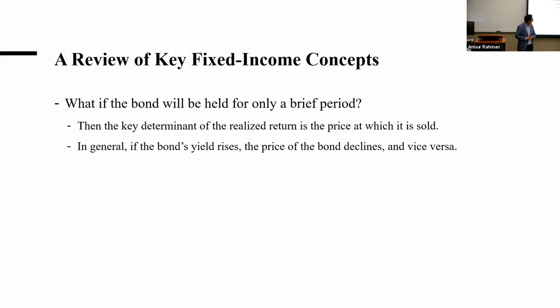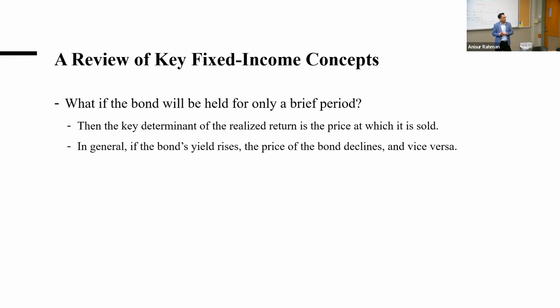But if the interest rate increases, and if you want to sell the bond immediately, then the key determinant of the realized return is the price at which it is sold, right?